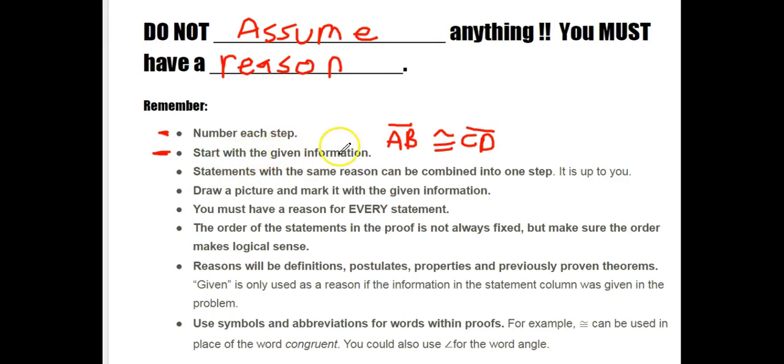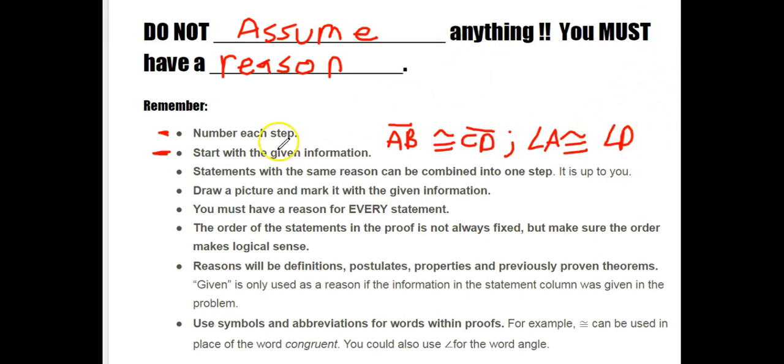Statements with the same reason can be combined into one step, okay? So maybe you have this, and maybe you have angle A is congruent to angle D. Maybe you're given both of those, so you'd have those two statements in one step, and you'd say given, okay?